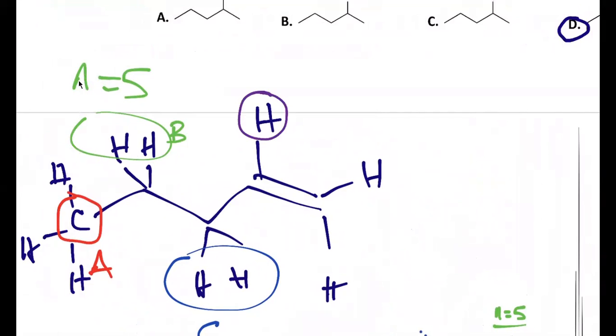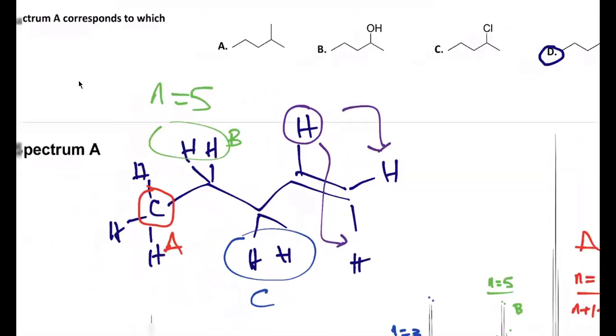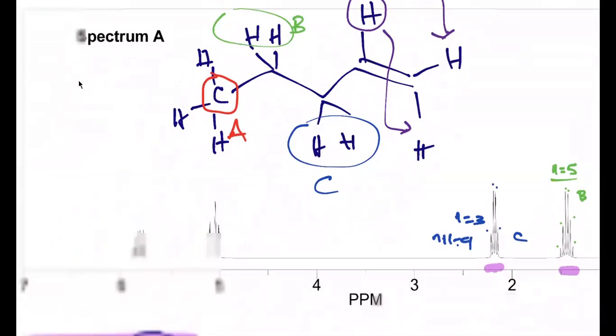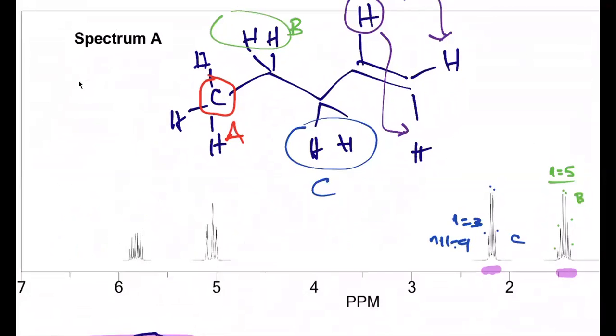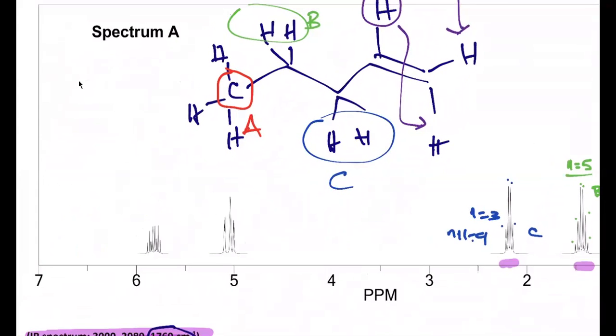And it's got 2 neighbors on the right. But the fact that it's in an alkene, it's going to split with each one of those neighbors differently. So it's going to split with that H, and then it's going to split with this H separately, in addition to splitting with the CH2. So that's going to give you a complex pattern. So probably that H is going to be buried up in here.